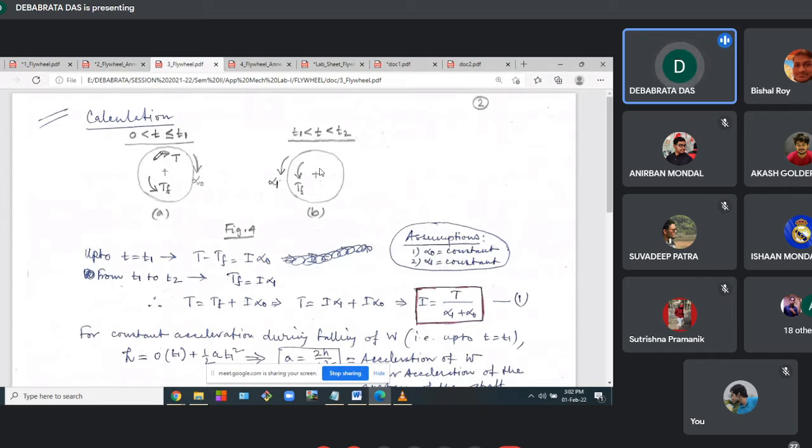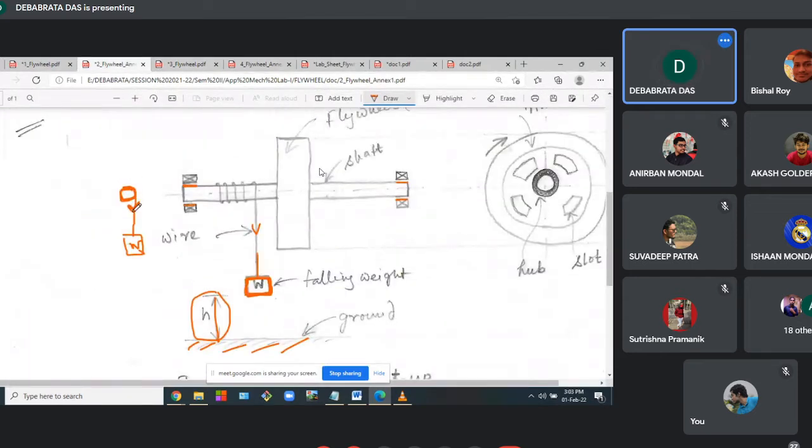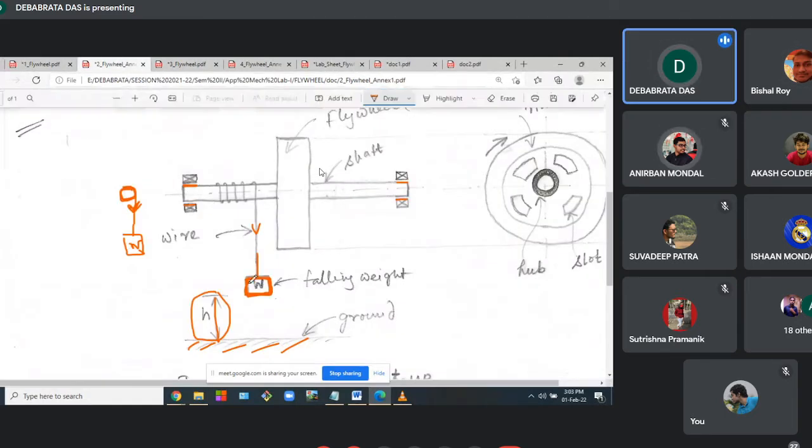One of the torques acting on the flywheel is the torque applied by the wire tension, say that is T. And during this phase, when this W is coming down, the frictional torque is still acting, right?